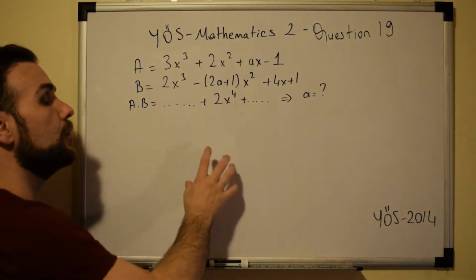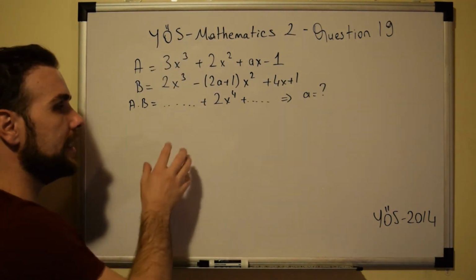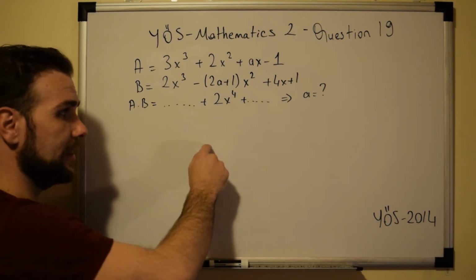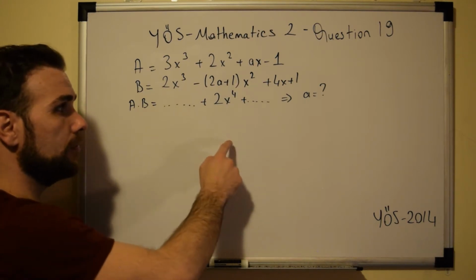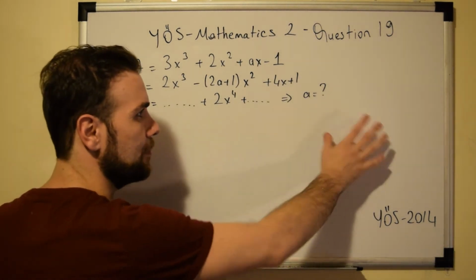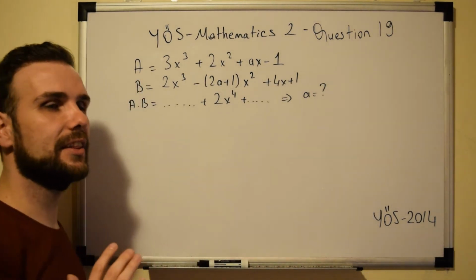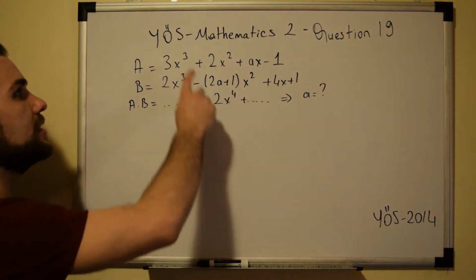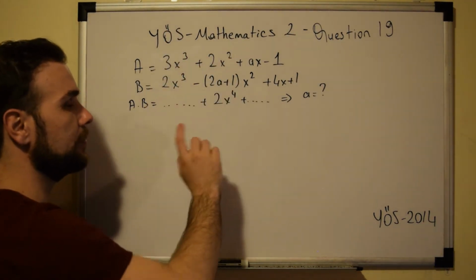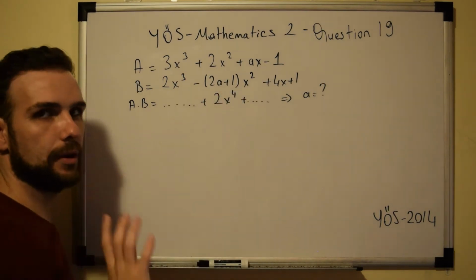By doing so, I will be able to find all factors that have x to the power of 4 in common, and after that all I have to do is equalize that to 2, and I will be given the value of a. Now let's see which variable from A, when I multiply it with another variable of B, will give me x to the power of 4.